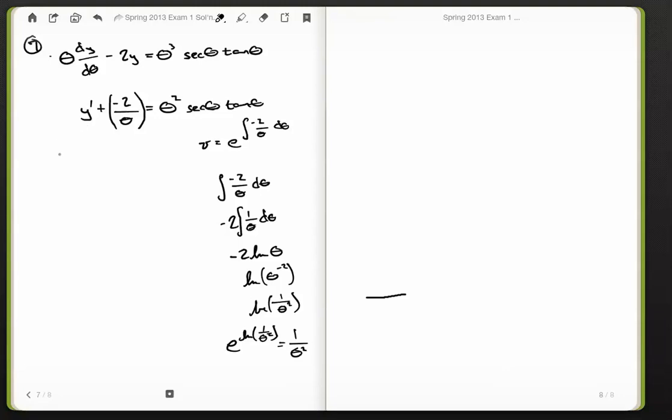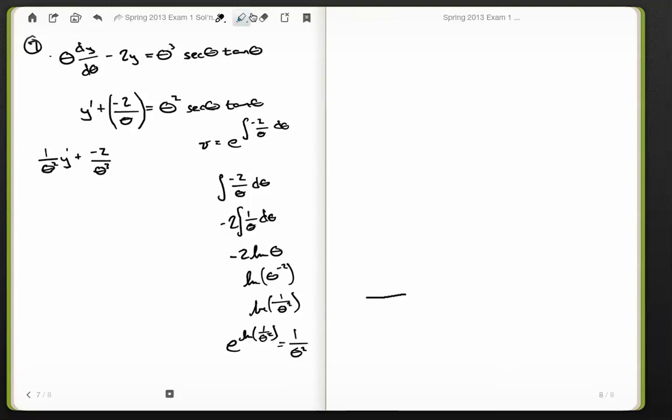So I'm going to multiply this through by 1 over theta squared, and that becomes 1 over theta squared times y prime plus negative 2 over theta cubed times y.